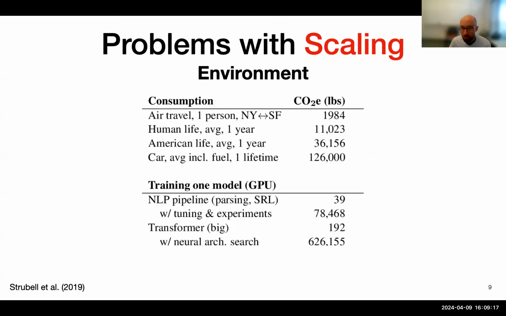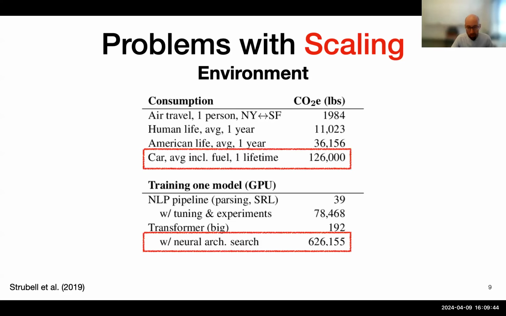The second problem with scaling refers to the environmental impact of scaling. This is the seminal figure from the seminal work of Emma Strubell et al., at the time from the University of Massachusetts, where they compared the CO2 emissions of standard NLP operations to regular day-to-day operations.